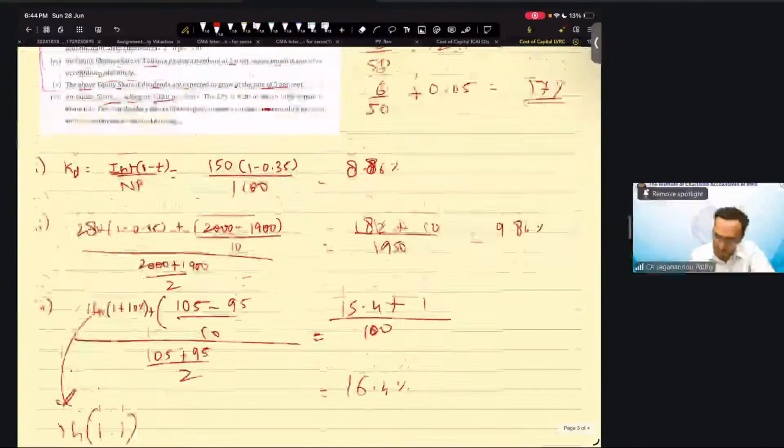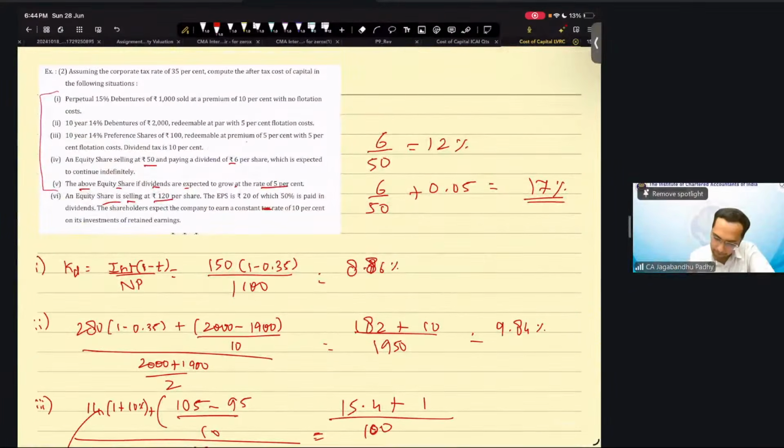In case 4, above equity is expected to grow. Yeah, so this will be like 6 into 1.05, correct. This should be 6 into 1.05, yes. Next year dividend we need.